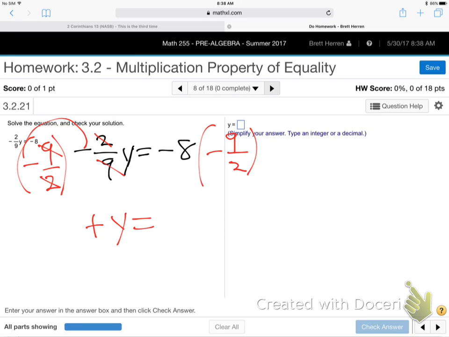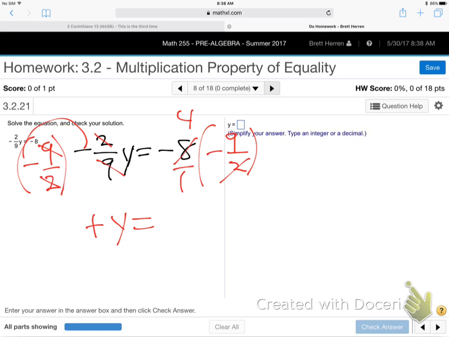Now on the right side, what do we do when a whole number, negative 8, is interacting with a fraction? Put it over 1, make it look like a fraction, and then reduce. Cross cancel, bottom to top, right? Bottom to top always divide. 2 goes into 8 4 times.